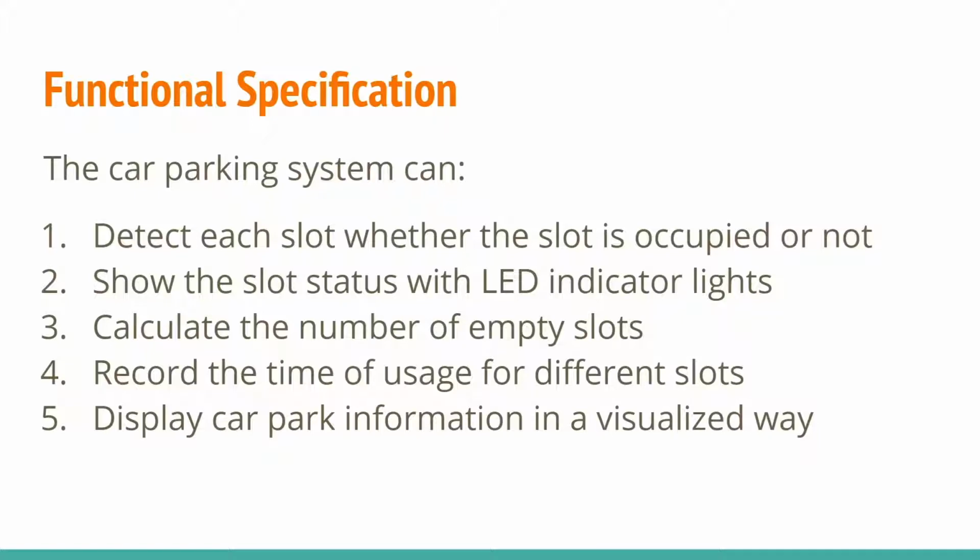Then the system can calculate the number of empty slots. The most important thing is that, based on this system, it can output some information for the user in a visualized way, so the user can read this information very easily.